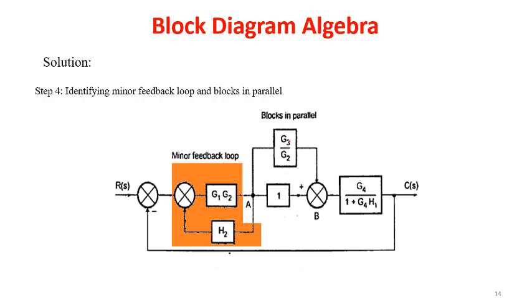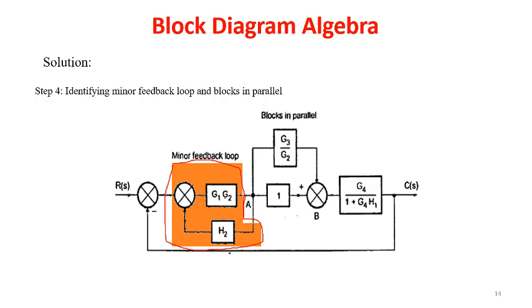See here, as I have told you, G1 and G3 by G2 is going to be having a forward block 1, and it will be having G1 G2 as a replacement for the series block, and hence this whole thing is going to be creating one feedback loop.